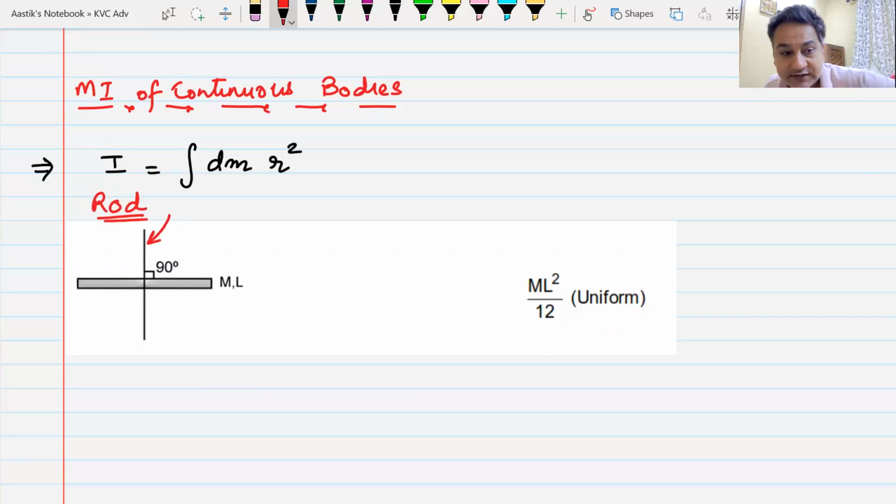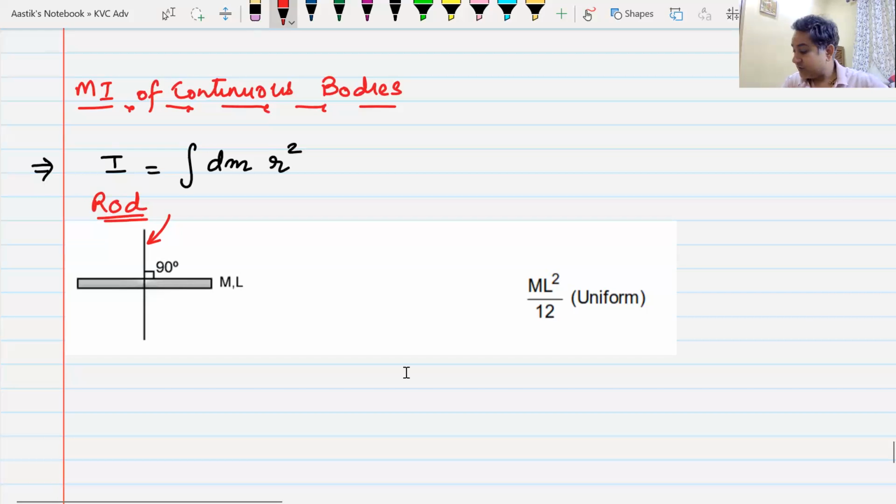This axis is passing through its center of mass, and the answer is ml square by 12. Do you know this? Yes or no? Yes, sir. Okay. That is the first thing that you must know. Have you noted it down? Yes, sir. That is the first moment of inertia that you must know.